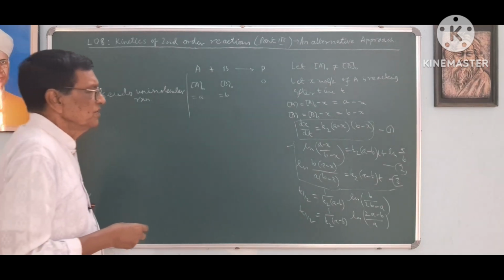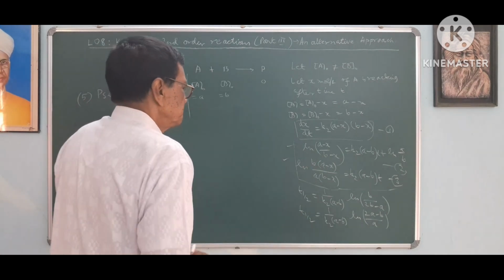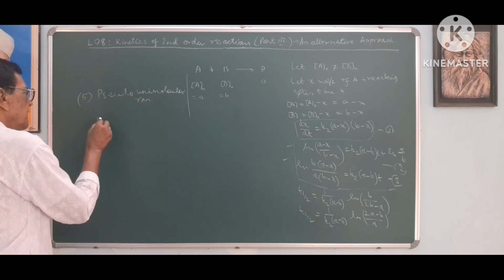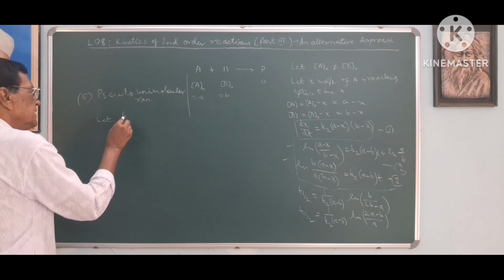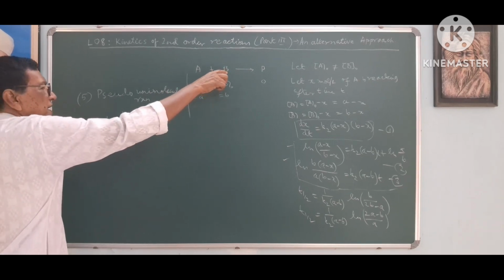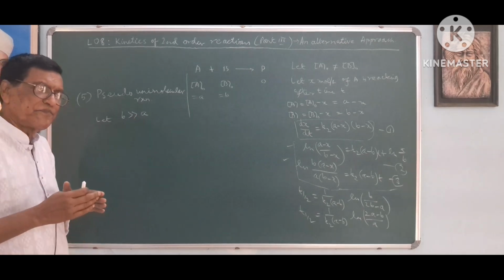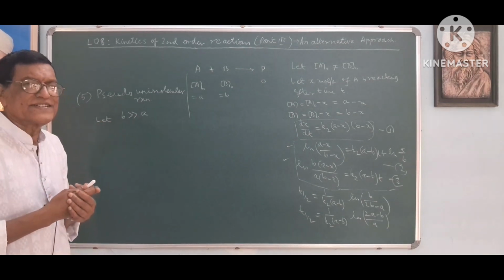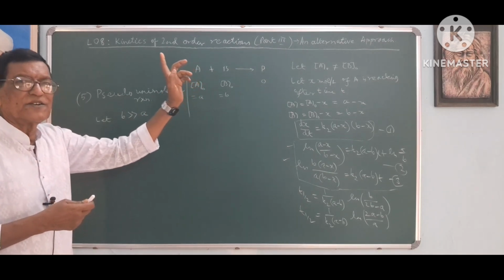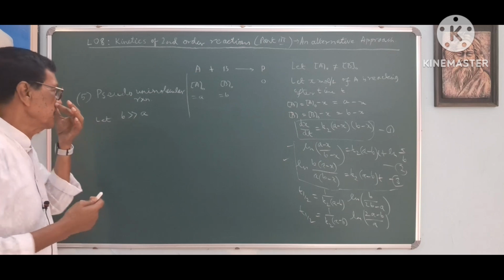So we can use equation 1, equation 3. Let B be greater than A. The initial concentration of B is taken in excess in this reaction vessel, which is reacting with A, which is taken in smaller amount.